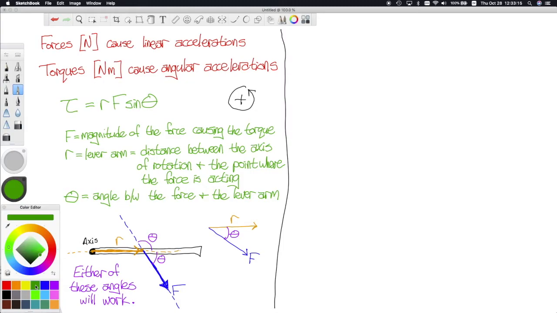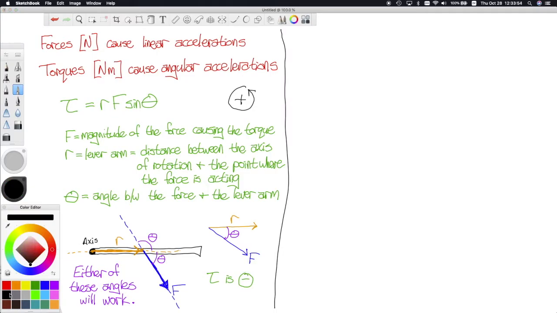So for the example of the force acting on the door, we would have a torque that is in the clockwise direction. So the force we have here acting on the door is trying to make the door rotate clockwise. And clockwise is the negative direction, so this would be a negative torque, but that won't turn out to be too terribly important until next time.